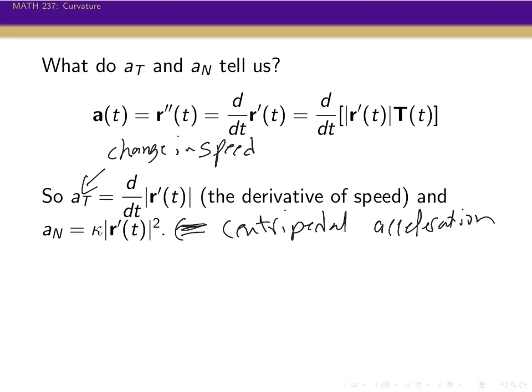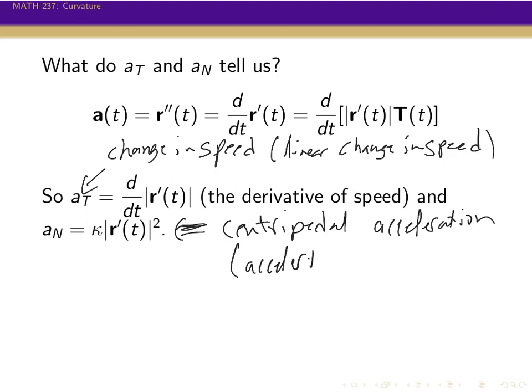The normal component, a sub n, is talking about the acceleration that's causing you to turn, right? So a_T is talking about linear change in speed. And then centripetal acceleration is talking about acceleration to turn.